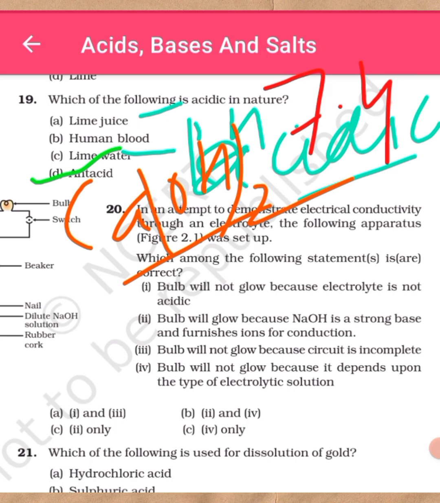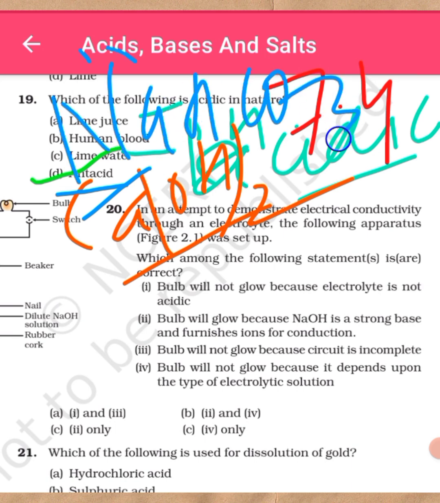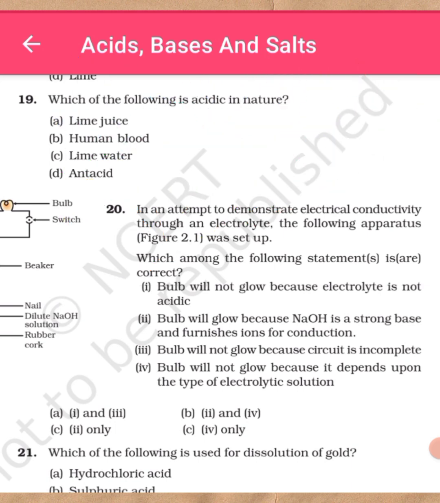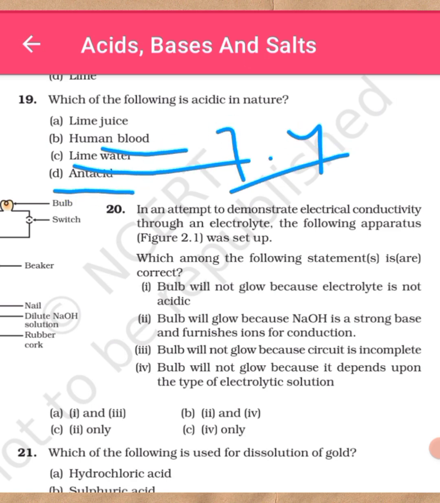Antacid is a salt like baking soda, NaHCO3, so it is not acidic. Antacid is a salt, lime water is a base, human blood has pH 7.4, so it is not acidic. So the remaining option number A, lime juice, is acidic in nature.